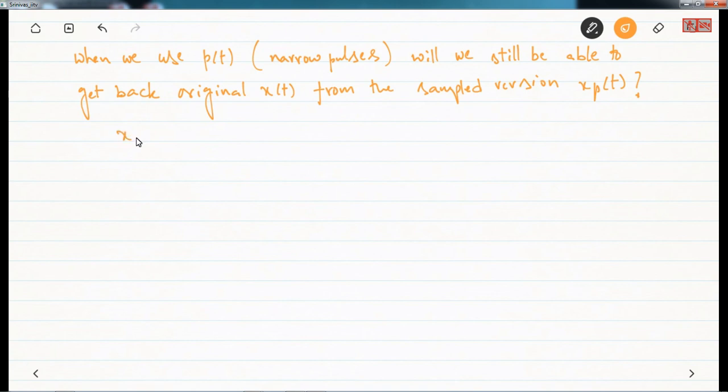Remember, xp of t is nothing but x of t multiplied with our p of t. So that means xp of j omega is x of j omega convolved with p of j omega.